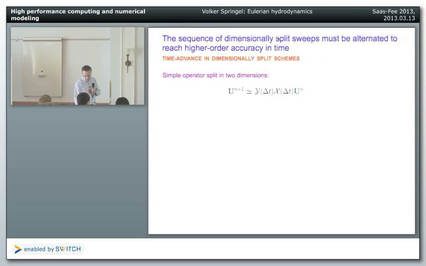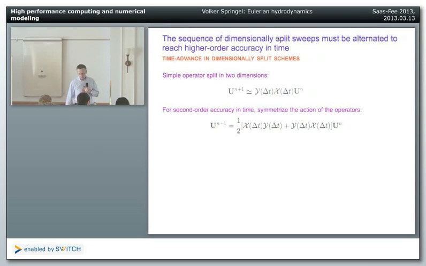But that would be very asymmetric, since I would always do x first. So it's better to consider, for example, an average of doing it first with x then y, and alternatively first y and then x.